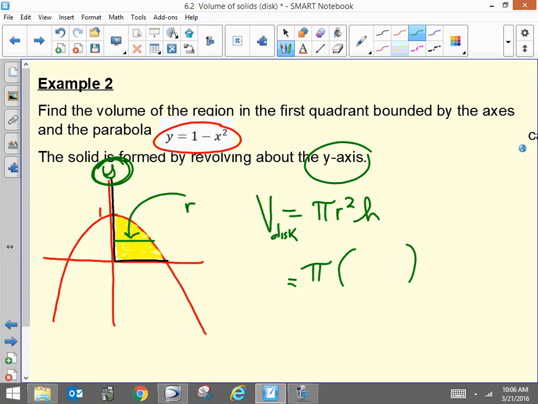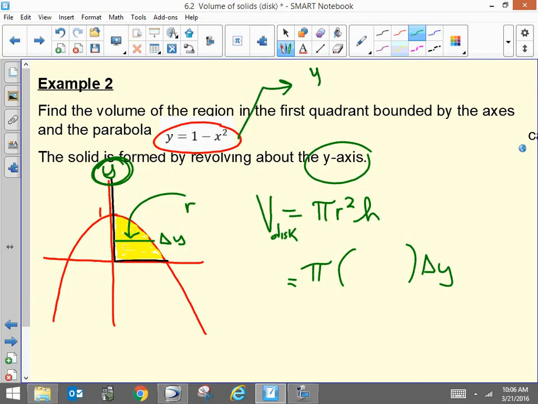Over here on the right is the bigger number. I got to go in terms of what? So I know this is going to be change in y because I'm perpendicular. Okay, so my equation has to be in y. Right now it's in x. Okay, so let's switch it up.